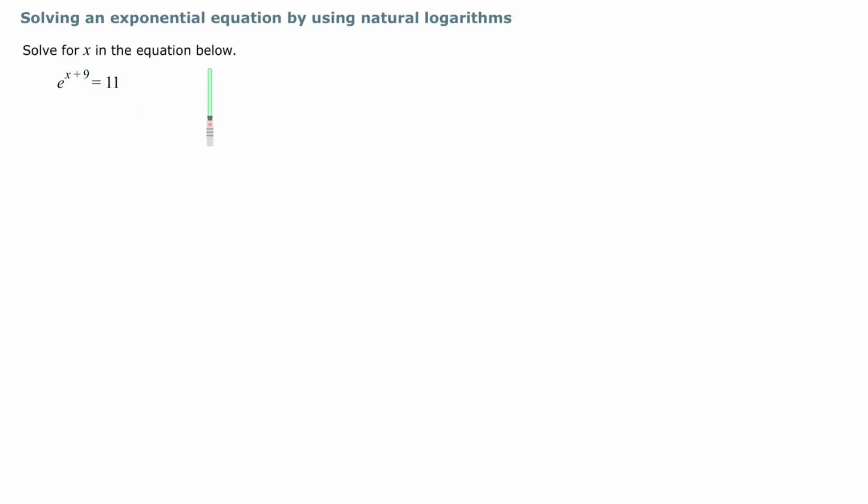Solve for x in the equation below. We have an exponential function, an odd one, but it is an exponential function, and it's equal to 11. What do we do with this? Let's see. Why don't we get the exponential function on one side of the equation and the constants on the other side of the equation?